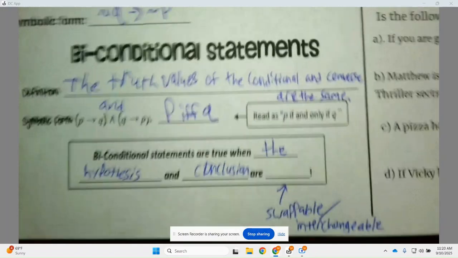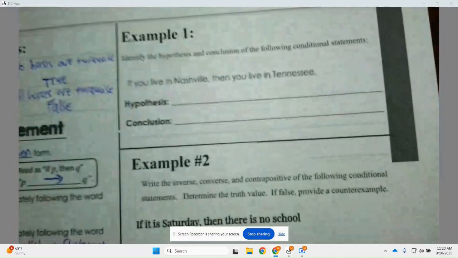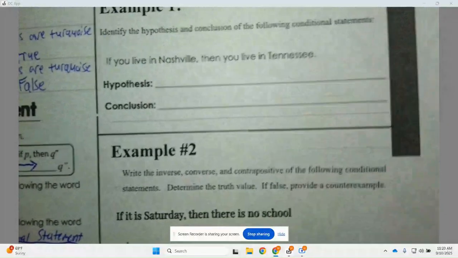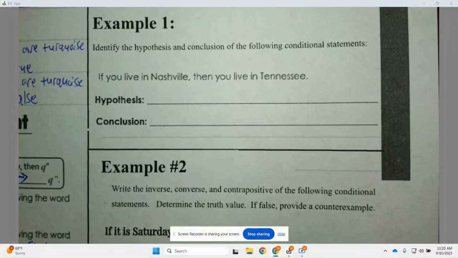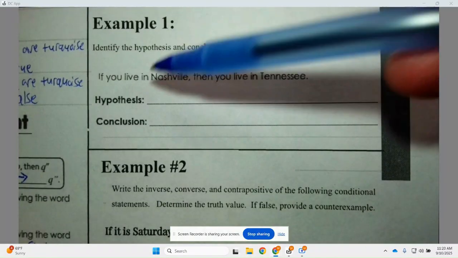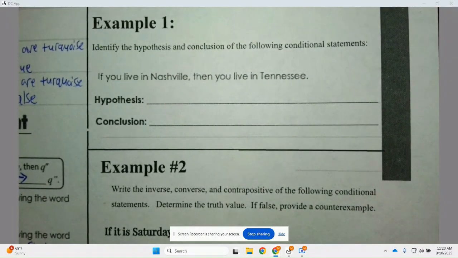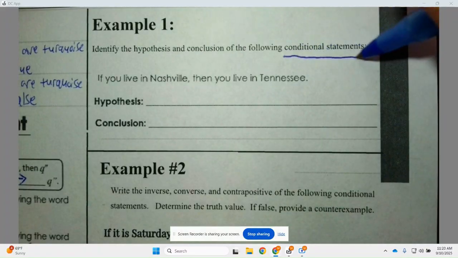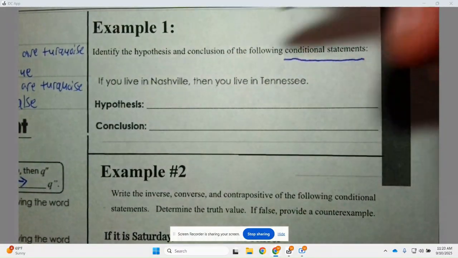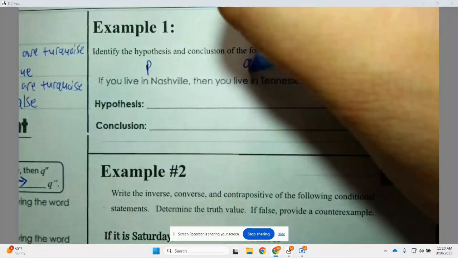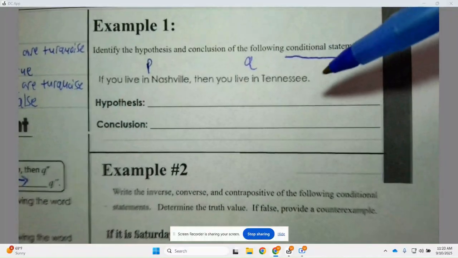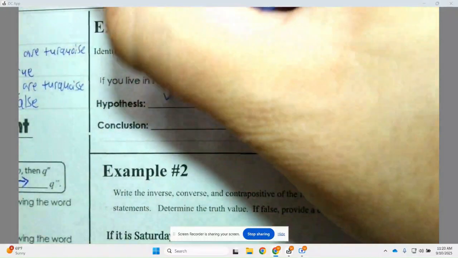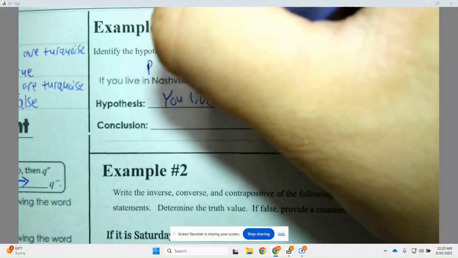All right, example number 1. It says, identify the hypothesis and the conclusion of the following conditional statement. If you live in Nashville, then you live in Tennessee. Well, remember, a conditional statement is in the form if P, then Q. So our hypothesis, P, is you live in Nashville.